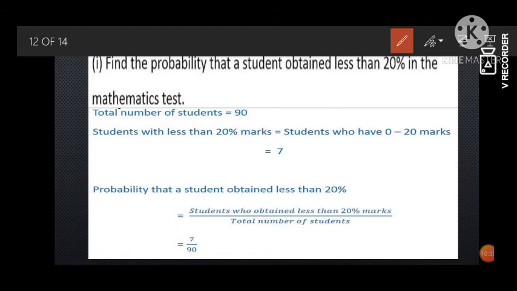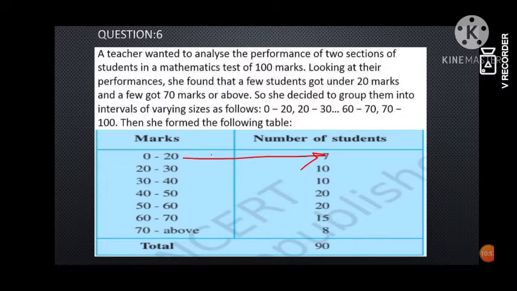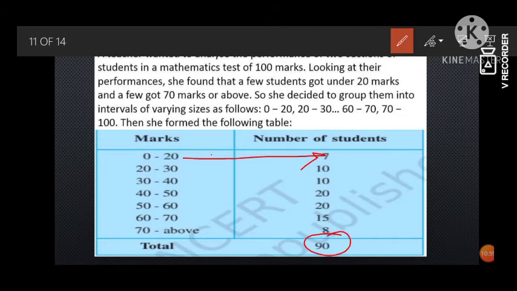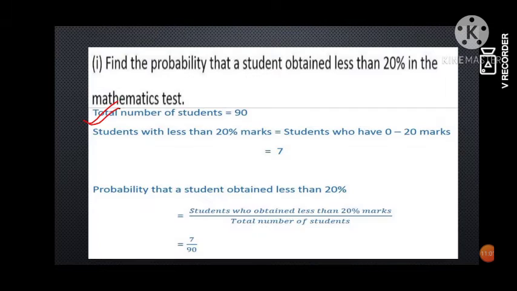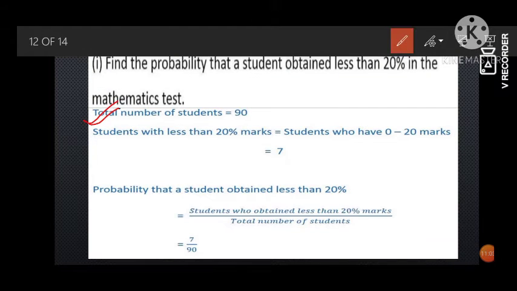Total number of students is given as 90. If you come back to the question, you can see the total frequency is 90. Number of students who obtained less than 20 marks is the students in the interval 0 to 20, which is 7. So the probability that the student obtained less than 20 marks is 7 by 90. So this is our first subpart.